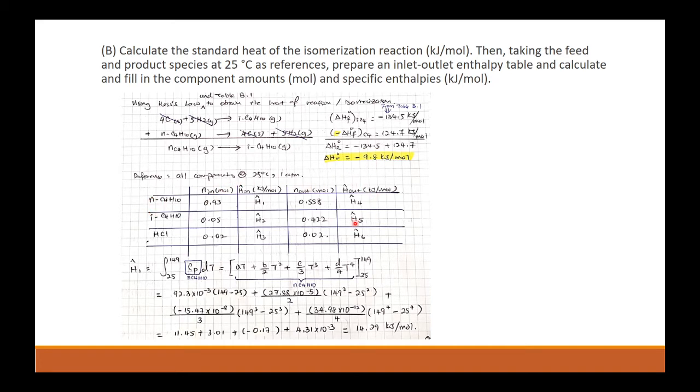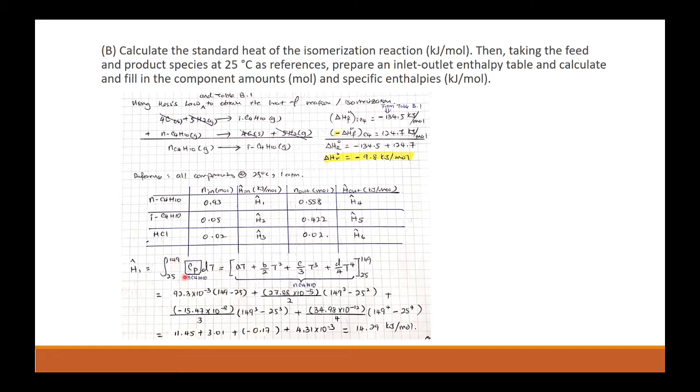So we draw the table and input all the values that we found in part A for the number of moles in the inlet and outlet streams for each component. Then we determine the enthalpy for each species. For H1 at the inlet, we integrate from 149 to 25 degrees Celsius, and we look for the Cp value in the table for C4H10.